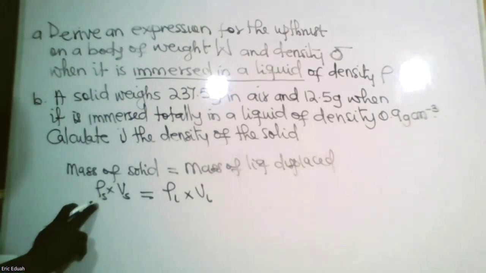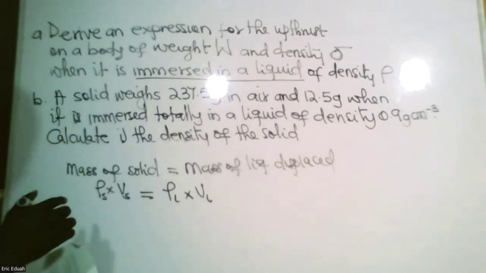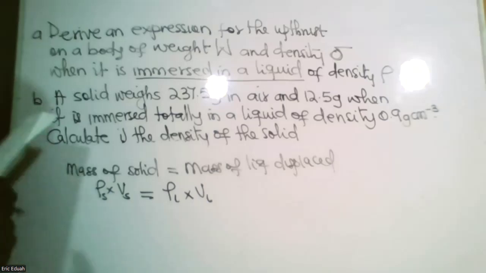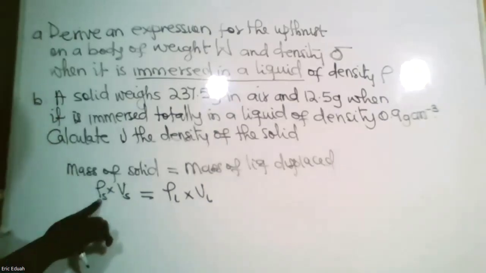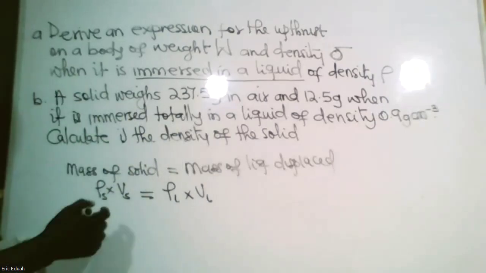The density of the solid, we've determined it. Janice, what did we get for the density of the solid? 0.95. Good. So we know it is the same solid as the first situation we considered.